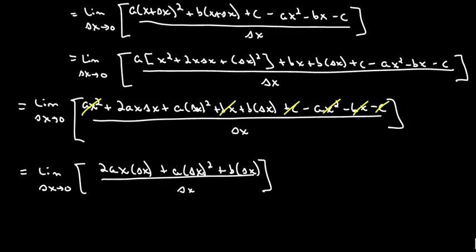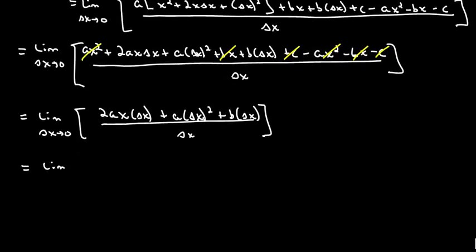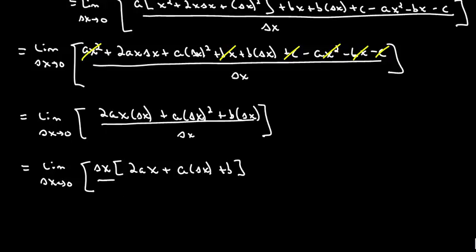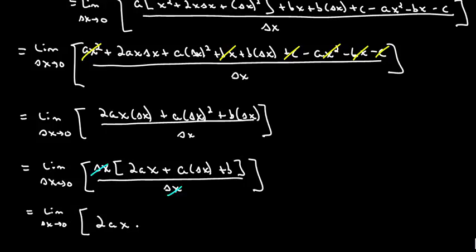We're going to rewrite that as this: delta x times the quantity 2ax plus a delta x plus b, all over delta x. So these guys are gone now, and the reason we can cancel those is because, one, delta x is not equal to 0, and we're substituting in a new equation that represents the old equation for all values except for when delta x is 0, and we know that it's never equal to 0.